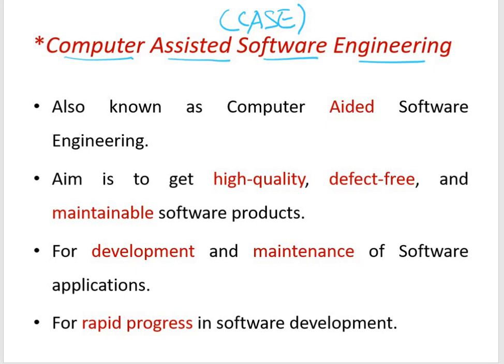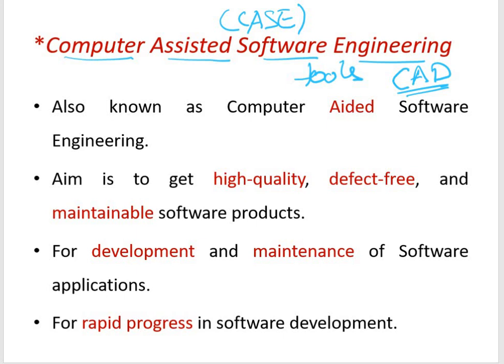So this is basically the domain of software tools used to design and implement applications. And these CASE tools are similar to, and were partly inspired by, computer aided designing, CAD. CAD, you might be familiar with this term. CAD is used to design the hardware products and all.